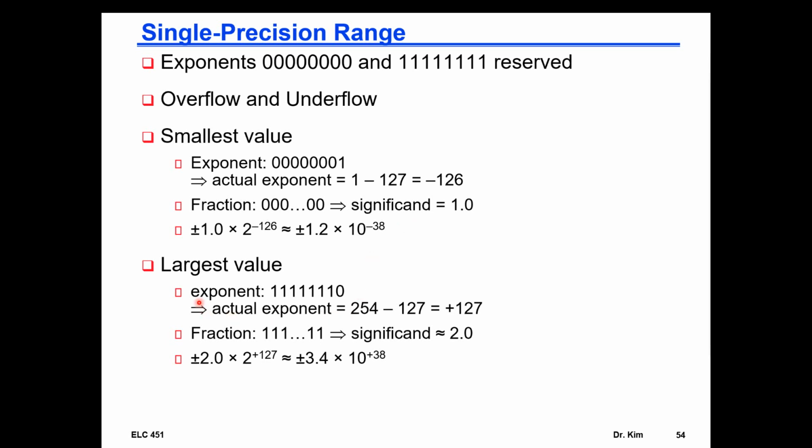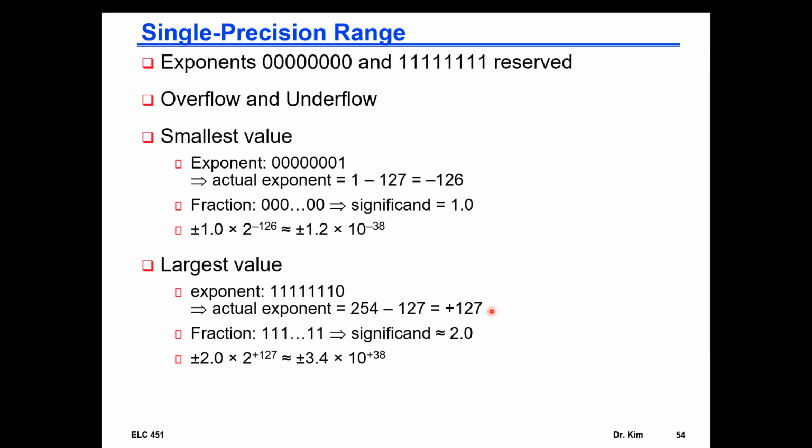The largest value is when the exponent is this binary pattern: all ones except the least significant bit is 0, because remember that all ones is reserved. So that is 254 minus the bias 127, which gives you an exponent of plus 127.